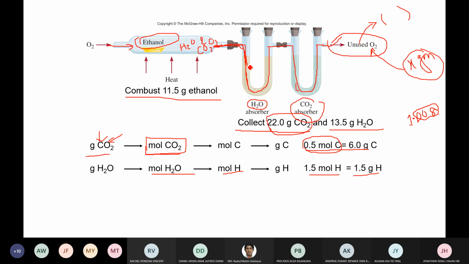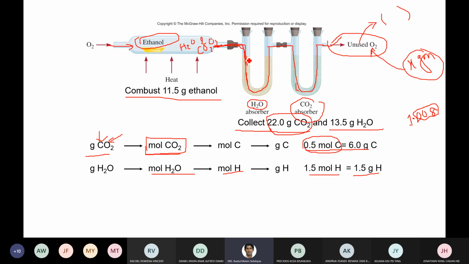Now, the unused oxygen. How do you find the unused oxygen? Depending on the conservation of mass, we will talk about that later, the total mass will not change. Whatever is going in, the mass will not change.